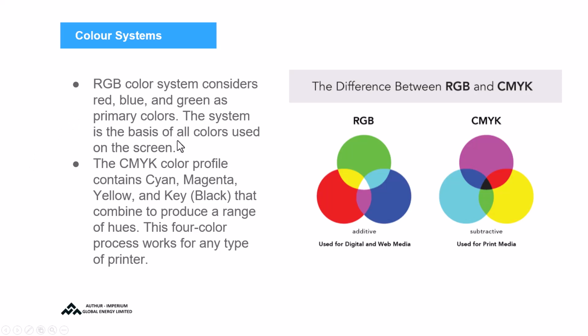But realistically, even if you use the RGB color profile and you print, it's still going to print, but the colors might look off. But if you want the print and the design to look very similar, stick with the CMYK color profile. So overall, RGB is for screens, CMYK is for prints.